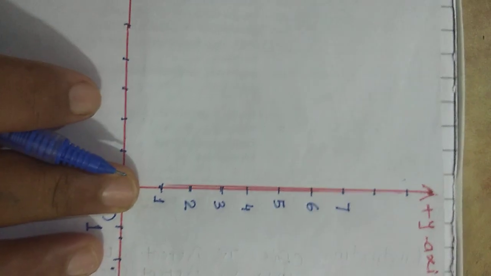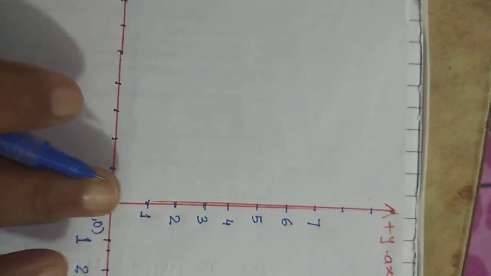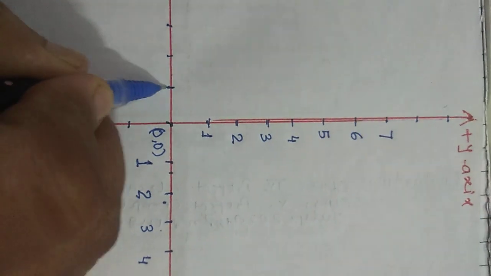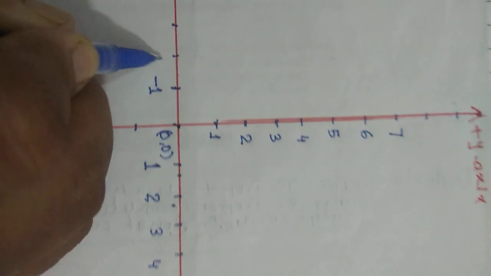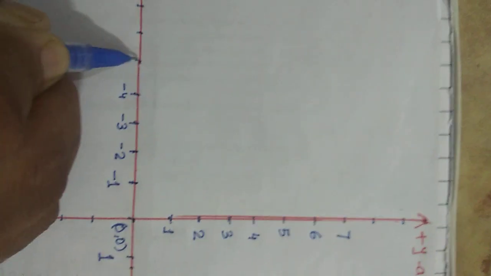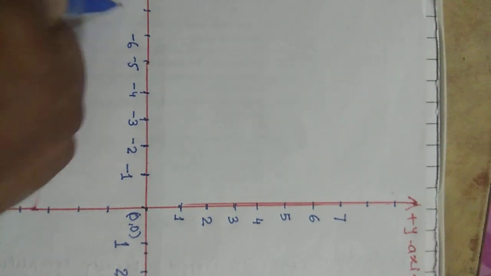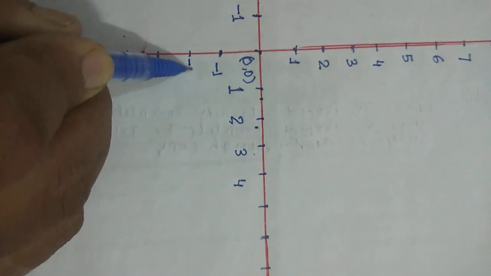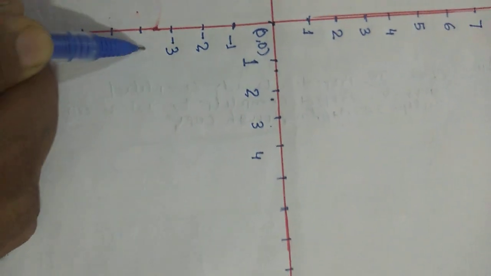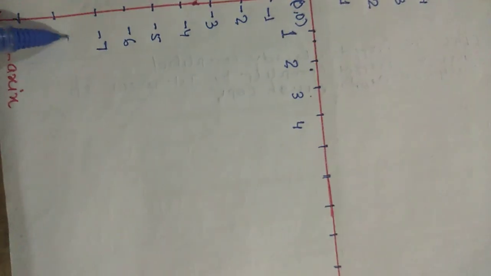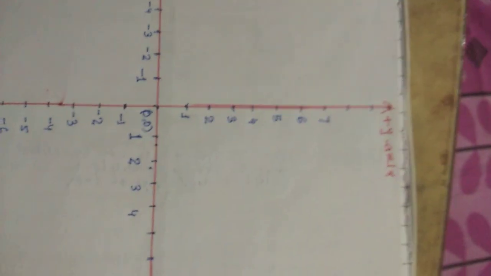Similarly, going to the left-hand side from the origin, these are negative integers: -1, -2, -3, -4, -5, -6, according to your need, -7. And then going down from the origin, -1, -2, -3, -4, -5, -6, -7, -8, like this.